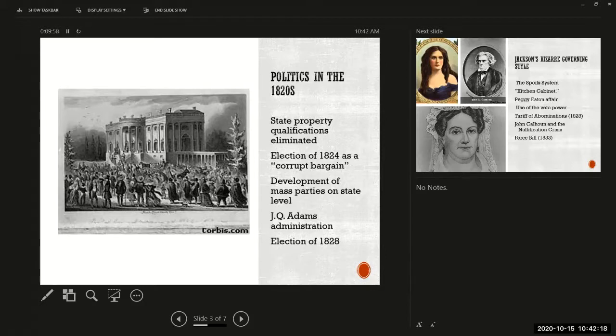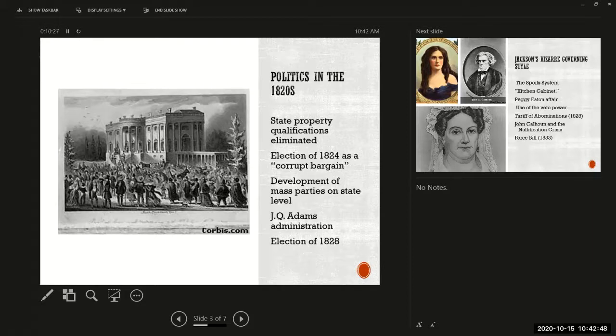Anyway, in terms of Jackson's quote-unquote adultery, here's what happened. Jackson's wife, Rachel Robards Jackson, had been married before. She broke up with her husband, and to the best of her knowledge, a divorce had gone through that was finalized. But then they found out after they had been married for some time that the divorce papers had never actually been processed.